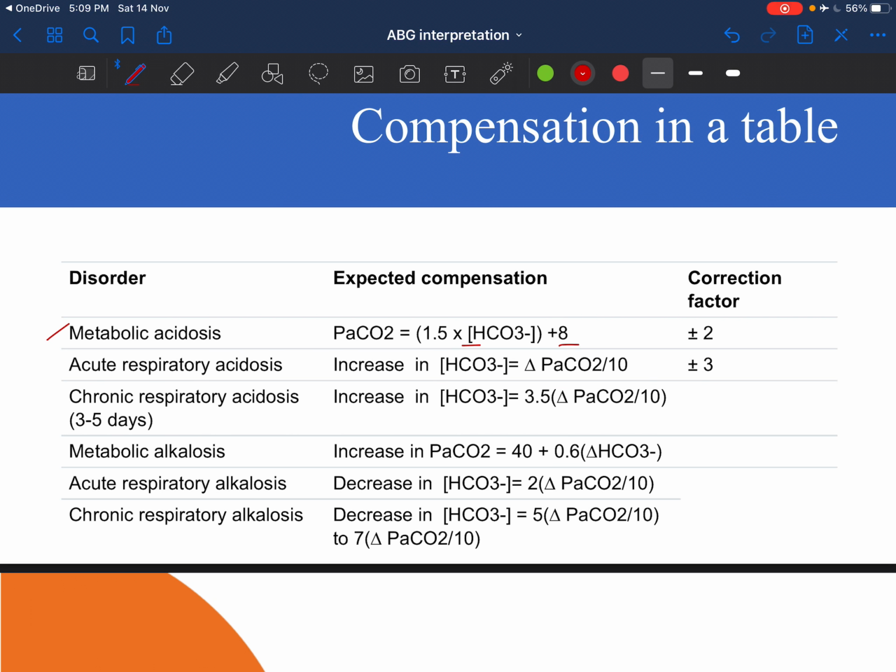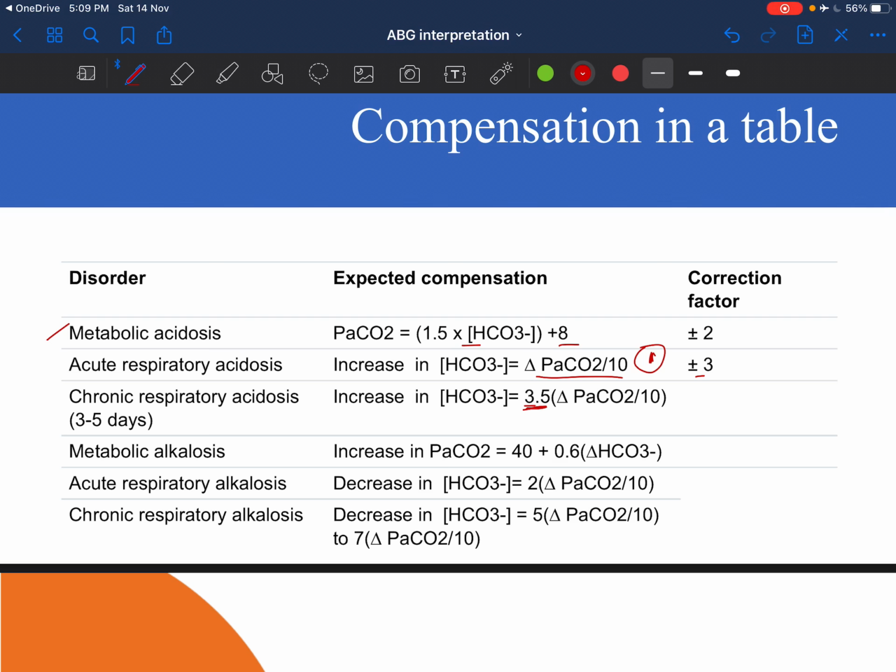Acute respiratory acidosis, the increase in bicarbonate is delta PaCO2 by 10, plus or minus 3 as the correction factor. Chronic respiratory acidosis, it is 3.5. Here you do not have a factor because it is 1, correct, because we saw 1 and 4, isn't it? So 1 and 4. So instead of 4 they have used 3.5, 4 also can be used.